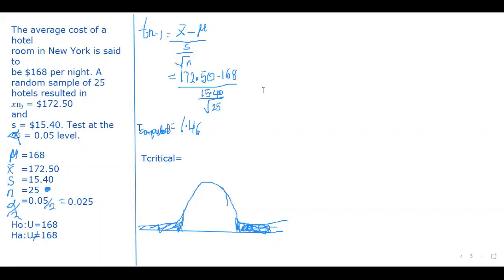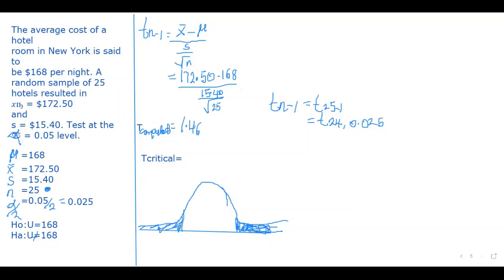N is 25, right? 25 minus 1 will give us what? T24. So you are going to search for T24, and the alpha value is what? 0.025. Right, so we are going to use this to search for our critical value.